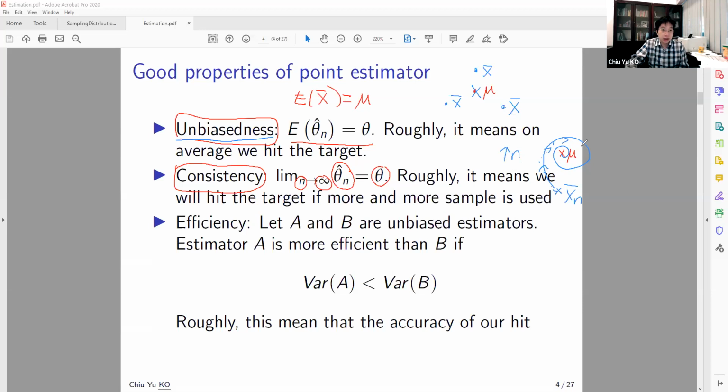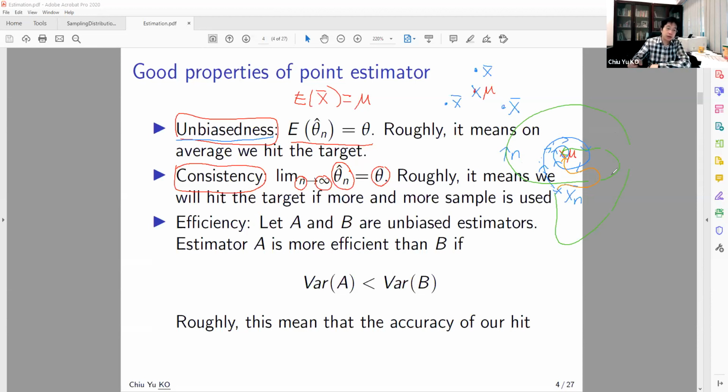You get closer. You may get closer in a very funny way, maybe in this way, maybe in that way, whatever way. It can increase and decrease, it can be further, can be anywhere, it doesn't really matter. You can go the other direction, okay? But at the end of the day, what we say is as n grows, you will hit the target, okay?